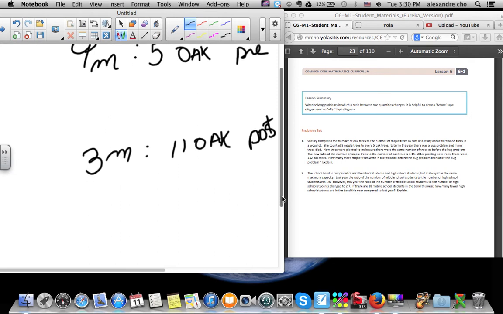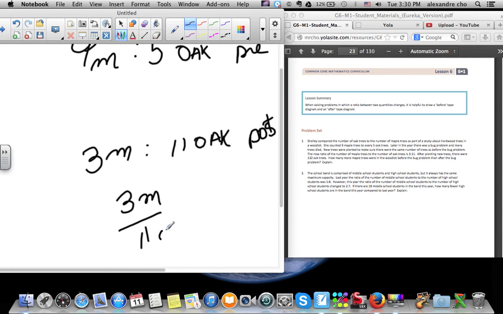Okay, so let's do it this way. Actually, do we have a choice? Yeah, we have a lot of choices. Let's do it with a proportion. 3 maple, 11 oak, and we know that we have 132 oak.